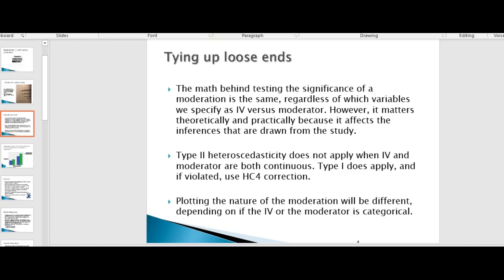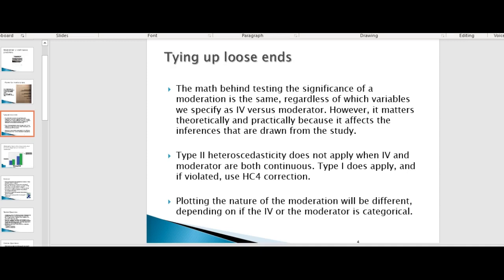Let's do a quick wrap up and tie up some loose ends on some miscellaneous questions that often arise. First, I want to talk about the math versus the theory. I think I've said this before, but the math, the stats part, the numbers, are agnostic to the theory behind what we're studying, the causal flow, what comes first and next in our model, and it's also agnostic to any practical implications that flow from that, obviously.